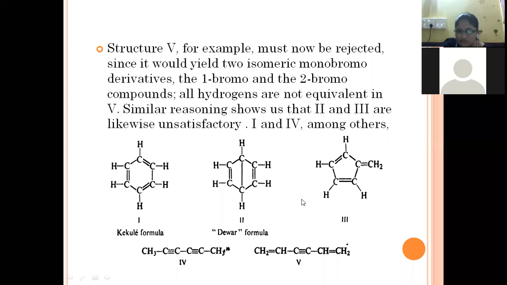So if we substitute these 2 compounds with any substituting agent, they will not give the same product. These are some of the reasons why structures 2, 3, 4 and 5 are rejected according to Kekulé's theory. And we have accepted only one structure of benzene, that is this one, structure number 1.